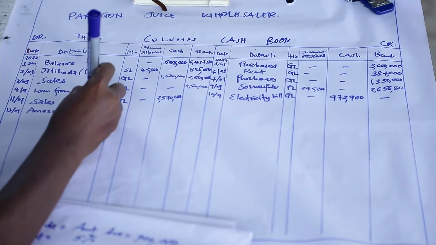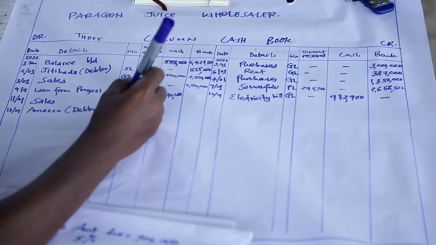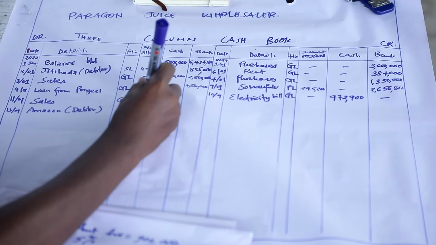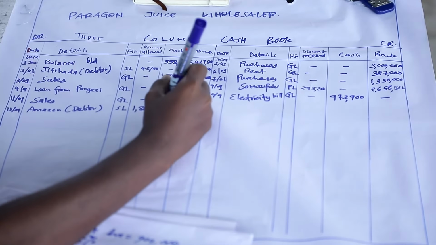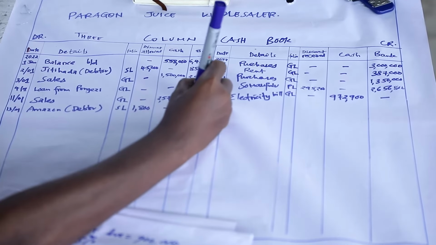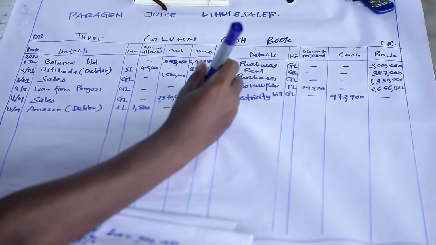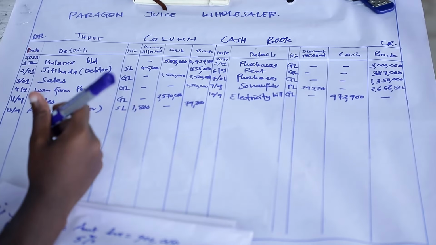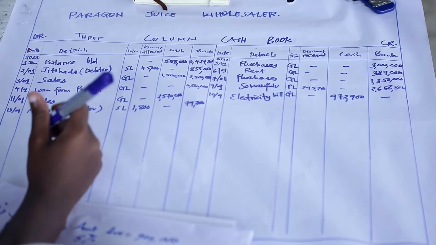So debtor and this will go to the sales ledger. Discount allowed, tumeallow discount ya 1,800. So amount received after discount 79,200. So hivyo ndo tunavyorekodi. So after 13th you're going to the next date, which will be 15th January.